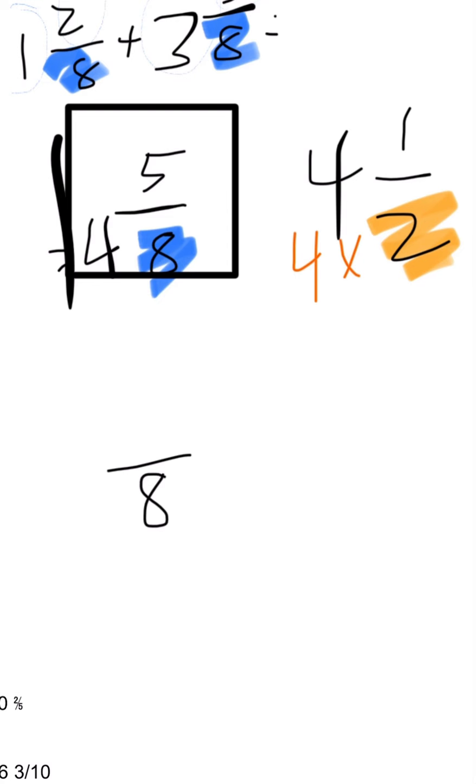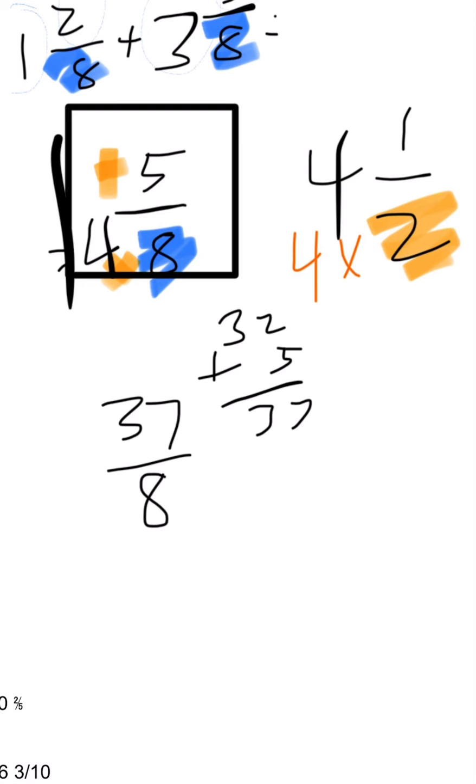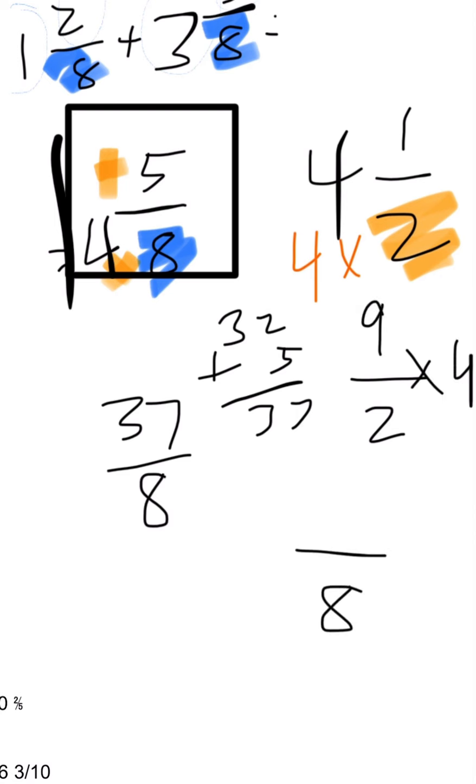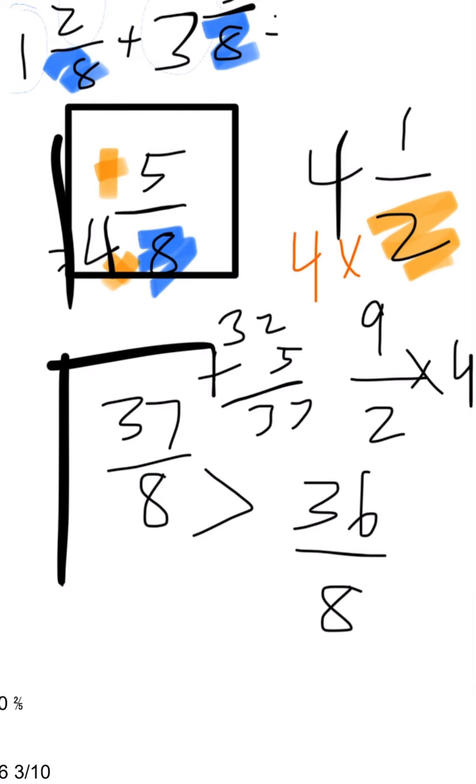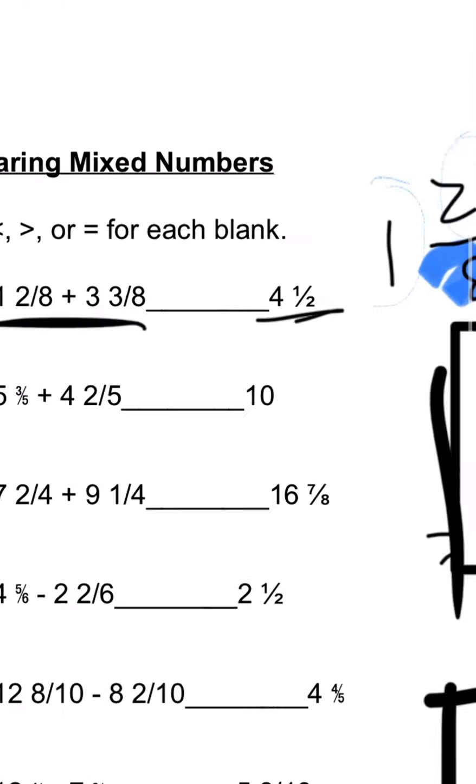So just like we went over, multiplication here, addition here, 8 times 4 is 32. Plus 5 is 37, 37/8. And then we're going to change this. 2 times 4 is 8 plus 1 is 9. And then multiply by 4, so we get 36/8. So we know that we have the greater than sign since 37/8 is greater.